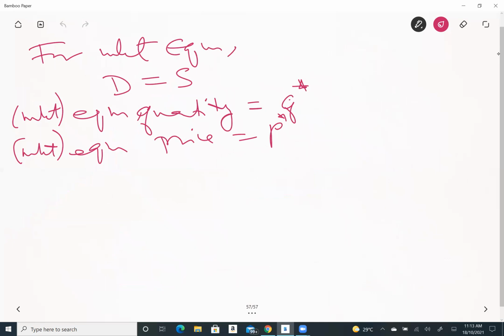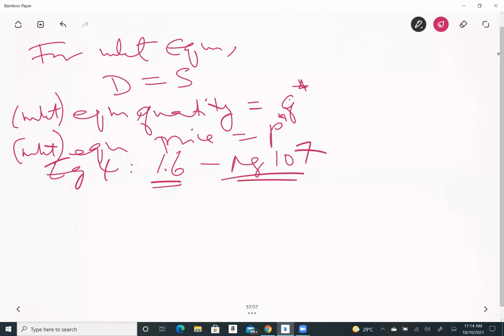Okay, let's look at example number 4. So go to example number 4 in the book. 1.6, example number 4. Oh, my book is on page 107. Maybe another edition. I want you to look at that example and just go through it and see how we get the equilibrium.